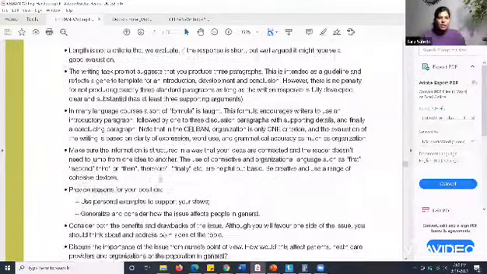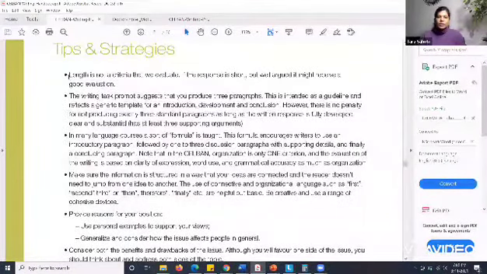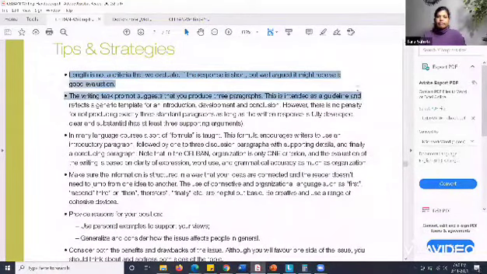Even in the strategies, Touchstone have mentioned this: length is not a criterion that we evaluate. If the response is short but well argued, it might receive a good evaluation. So this is what they're looking for. They want you to argue well. They want you to present your opinion properly, and that should be clear.